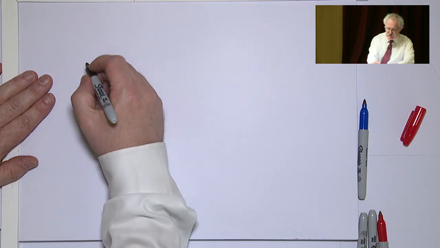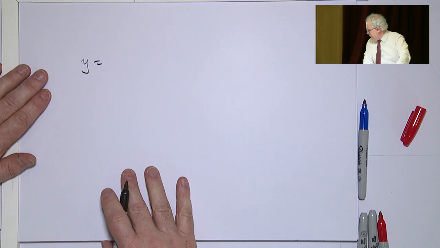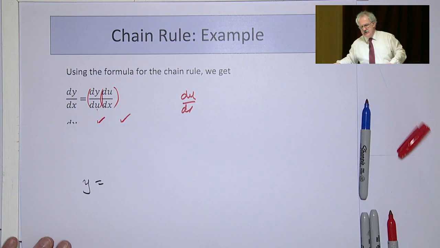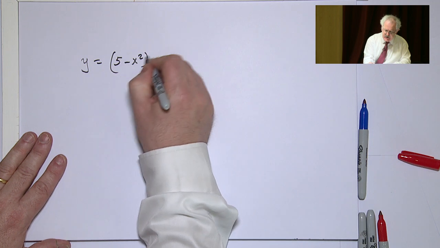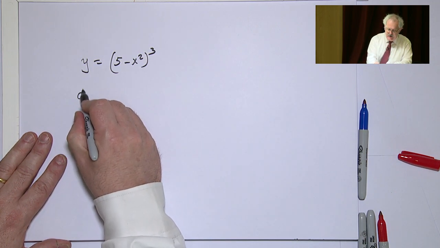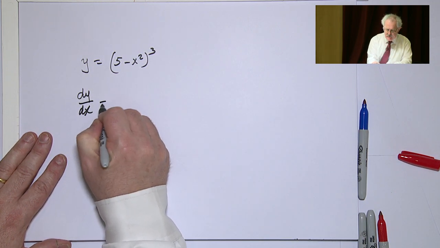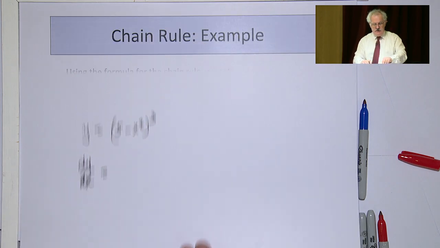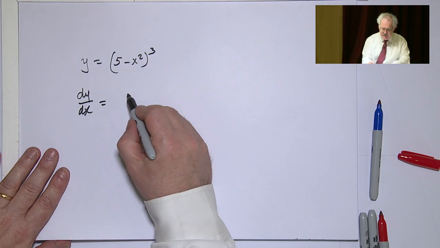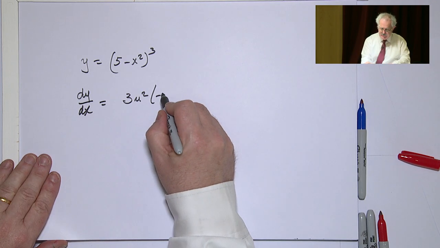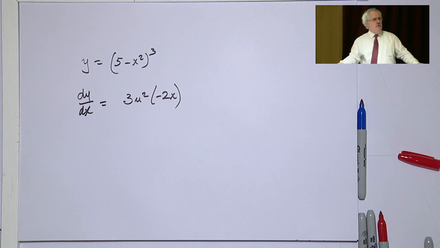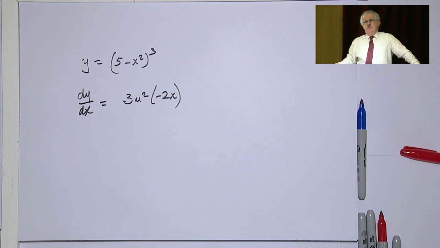You gave us a question that said y is equal to, I think the original question was 5 minus x squared, cubed, and they were asking for dy/dx. And we now know that dy/dx is equal to 3u squared times minus 2x. But that's not good enough.